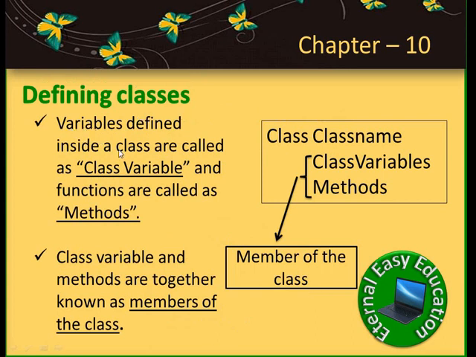Variables defined inside a class are called class variables, and functions are called methods. It's an important 2-mark question. So the class variables and methods are together called the members of the class.